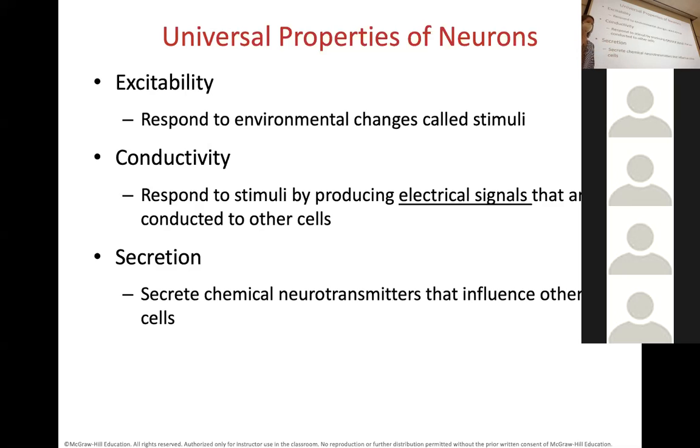That's how information is sent around your body through electricity, along with neurotransmitters, which are just chemicals that are released from these nerves to tell the next nerve what to do, or to tell a gland or a muscle what it should be doing. Okay, those are the three universal properties of neurons.